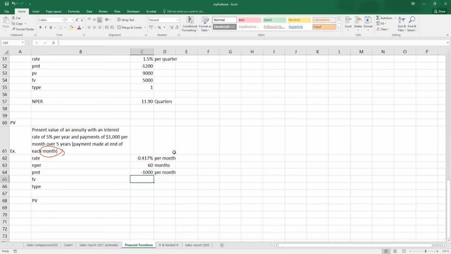After that, for the annuity, the FV is 0. And for the type, because we pay at the end of the month, type is 0 too.